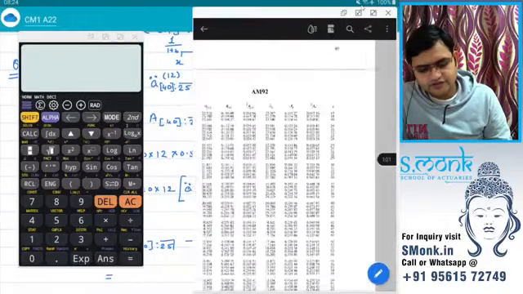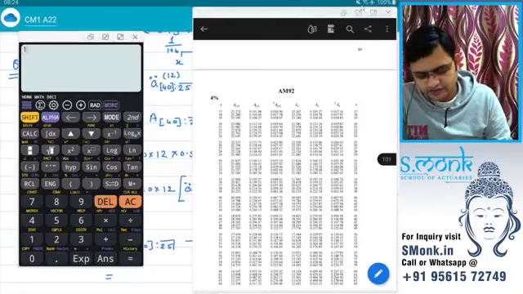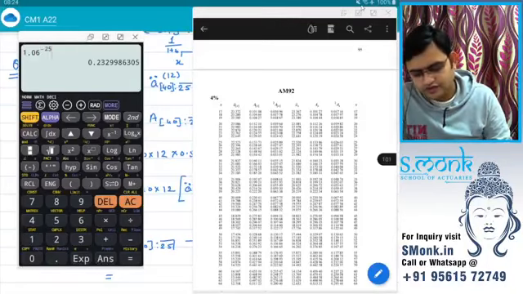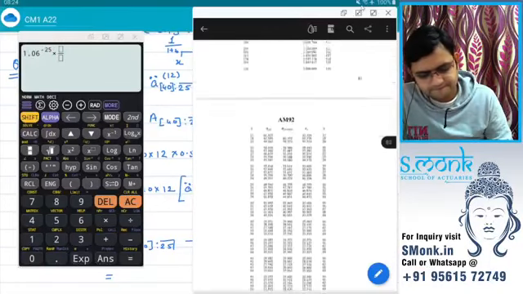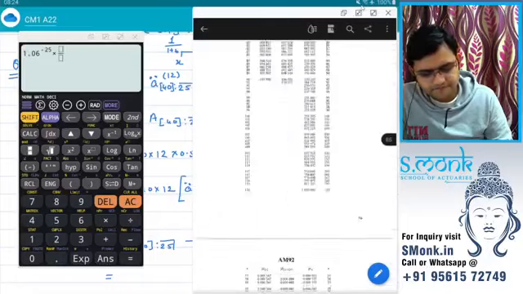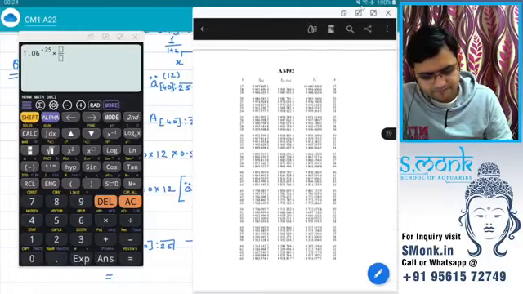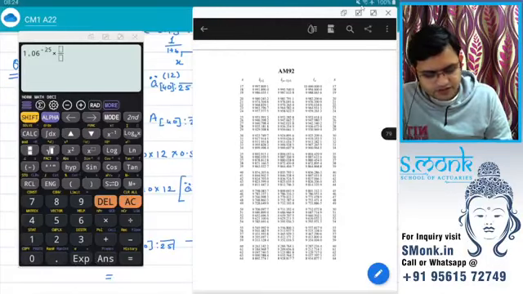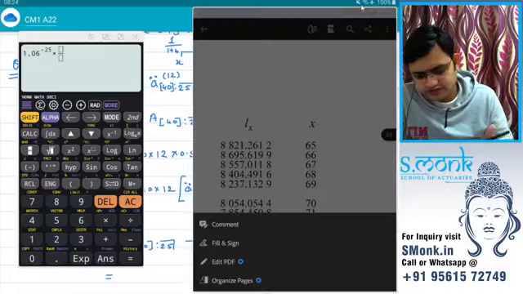But first again I will find v raised to 25, that would be 1.06 raised to minus 25 into L65 will be this.